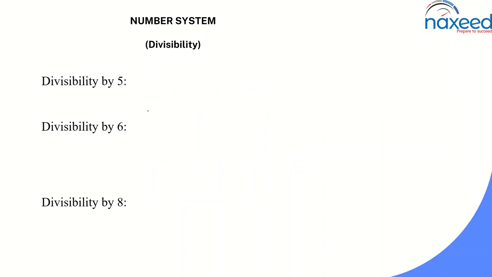Next, divisibility by 5. The number ending with 5 or 0. Such numbers are divisible by 5. Take an example here. For example, 125 ending with 5.